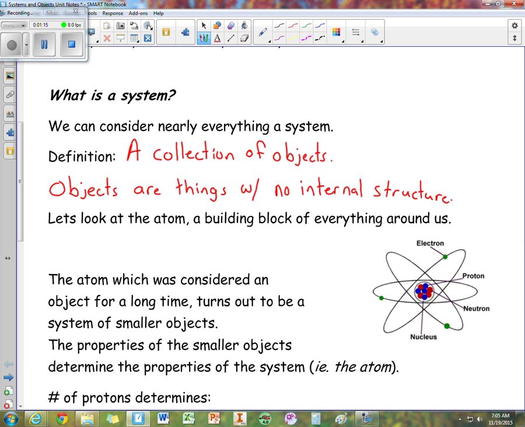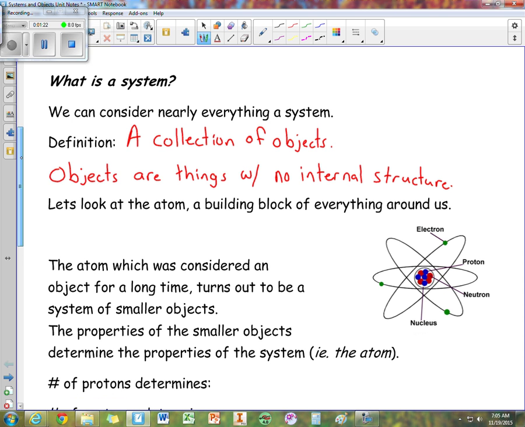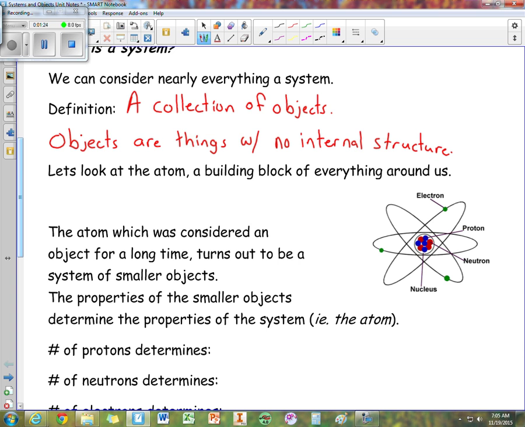So really, everything can be thought of as a collection of objects, right down to the smallest building block, something we call an atom.